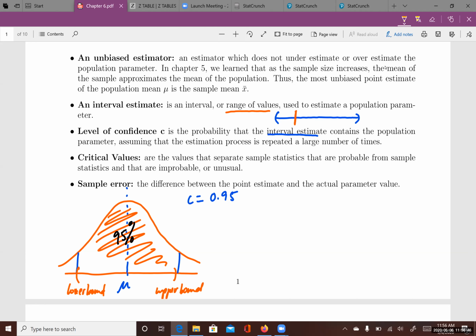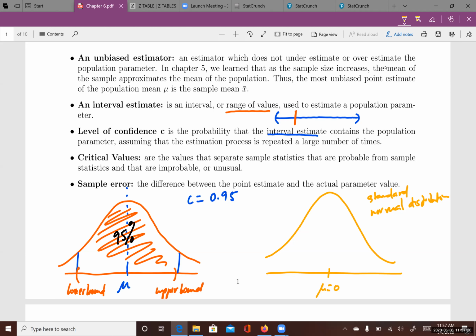So if you have a standard normal distribution, then the mean is, of course, 0. Again, the critical values are the values associated with the level of confidence.